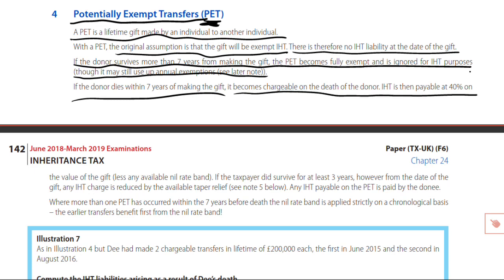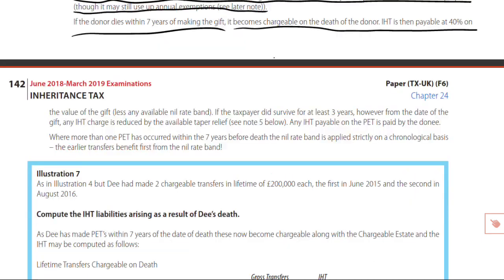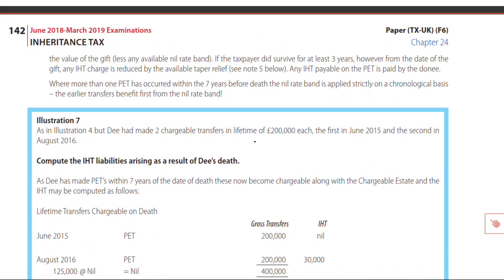IHT is then payable at 40% on what? The value of the gift less any available nil rate band. We had a gift of £200,000 and the nil rate band was, as you recall, £325,000. So there was, therefore, no tax to pay on it, and it left £125,000 in nil rate band to be deducted from the estate at death.